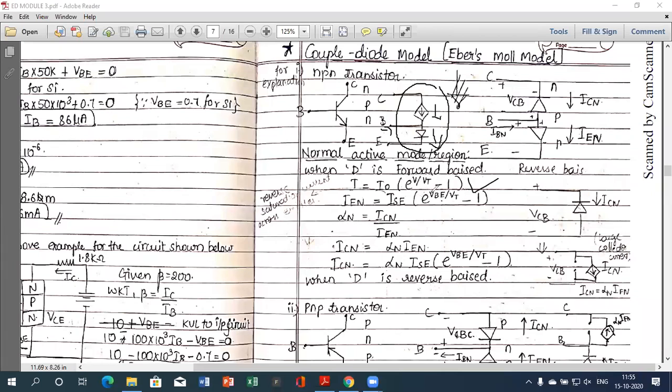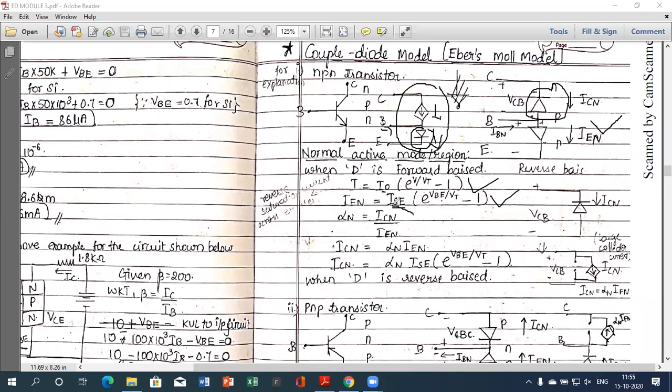Here V is the forward voltage, so that voltage is represented here, that is VBE. I is the current across the diode, which is IEN. I naught is the reverse saturation current, which flows here, that's why it is called ISE, multiplied by e raised to VBE by Vt minus 1. Eta is a constant here, which is replaced by 1. So that's why we have written this equation.